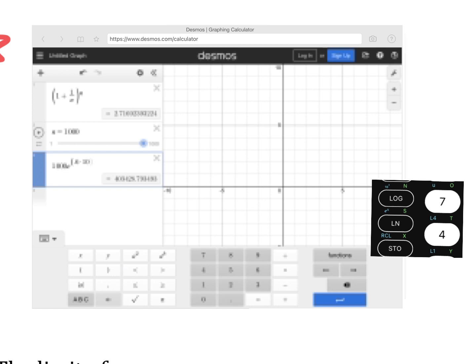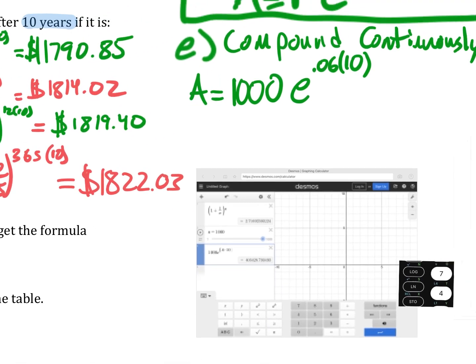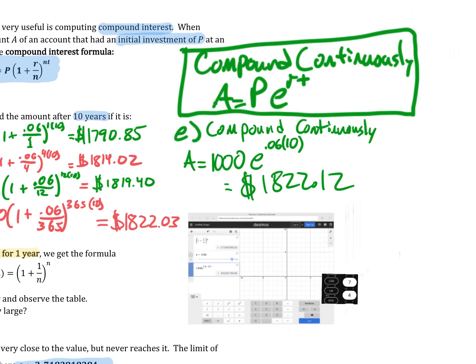And there you go. So we end up with $1,822, and if we round up, 12 cents, $1,822.12. So the moral of the story is the bank that says, hey, we'll give you interest every moment of every day, this is continuously.